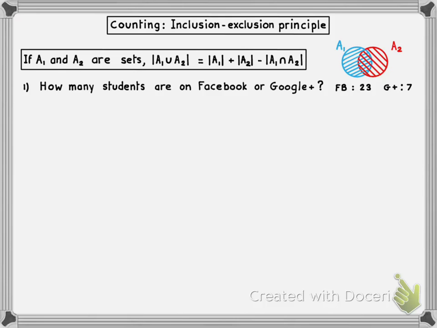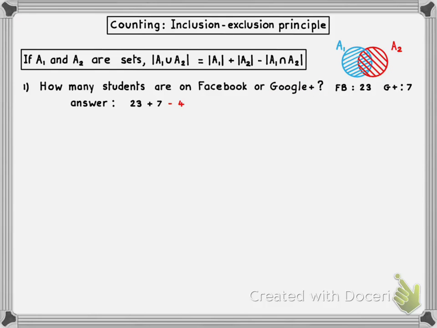So what does that mean? What's the final answer? How many students are on either one of the two social networking sites? Well, the answer is 23, which is the cardinality of the first set here, the set of students that have an account on Facebook, plus 7, which is the cardinality of the set of students that have an account on Google+, minus the cardinality of the set of students that have an account on both systems.